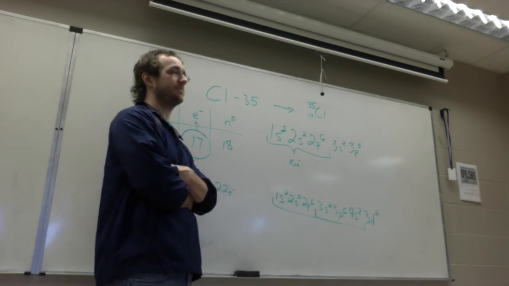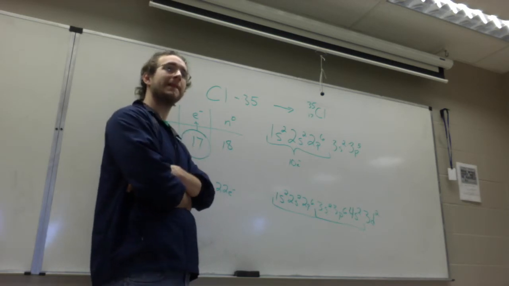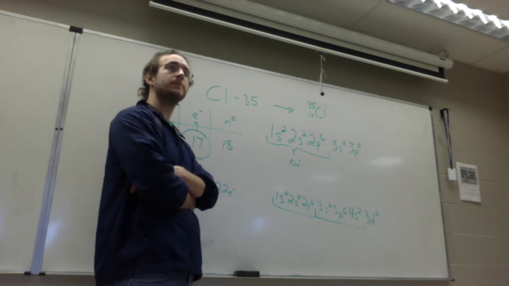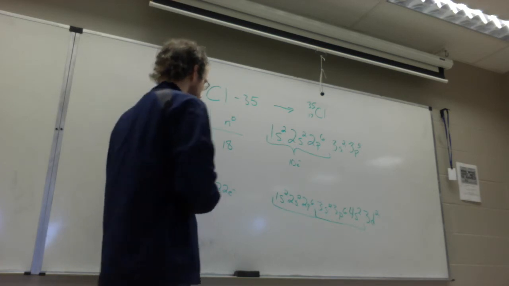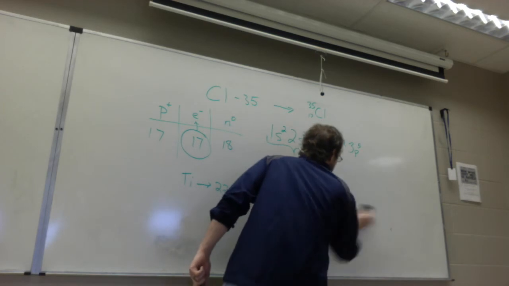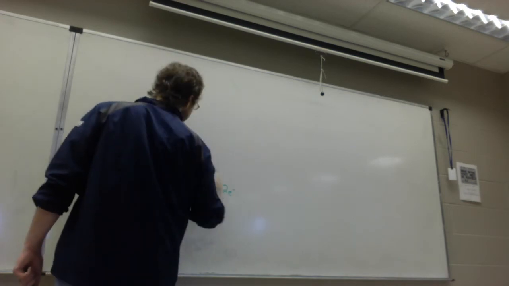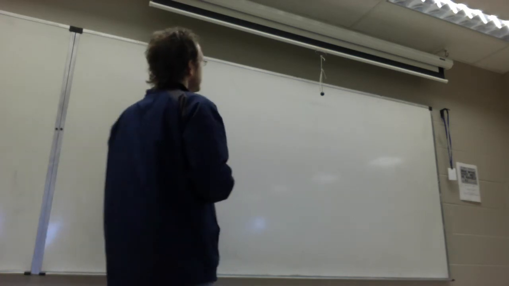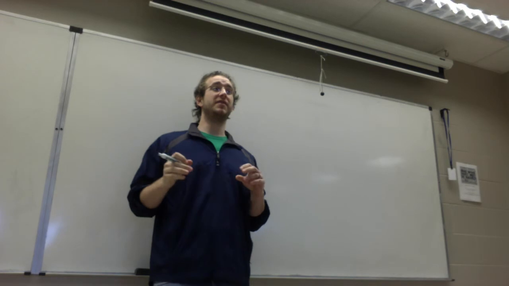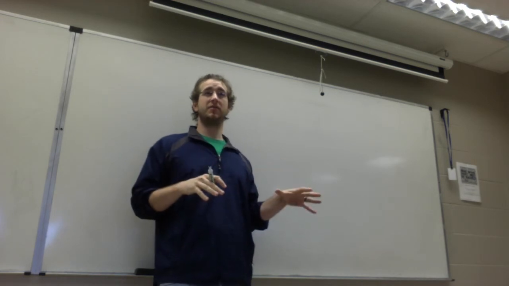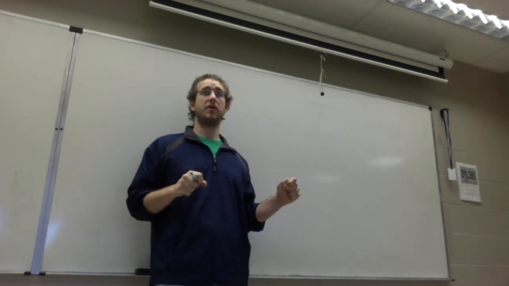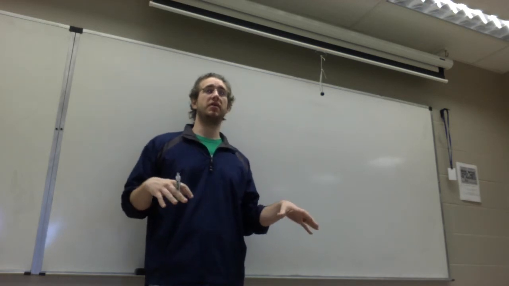Yes. Can we go over the sharing of electrons, like covalent, ionic? Sure. So you want to talk about the different types of bonds? I know the types of bonds, like sharing electrons equally, unequally, that sort of stuff.